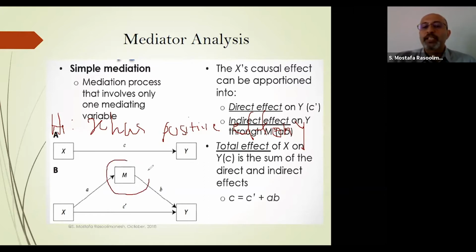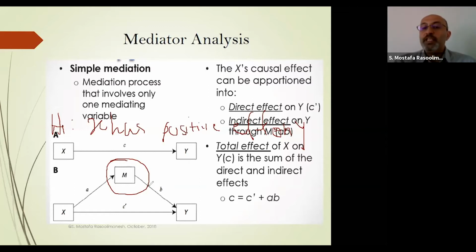But what about the mediator? What do we need to support from previous studies? Do we have to find the exact mediation hypothesis in previous studies or in theory? Most of the time that is not possible. We cannot find the exact mediation relationship from theory.